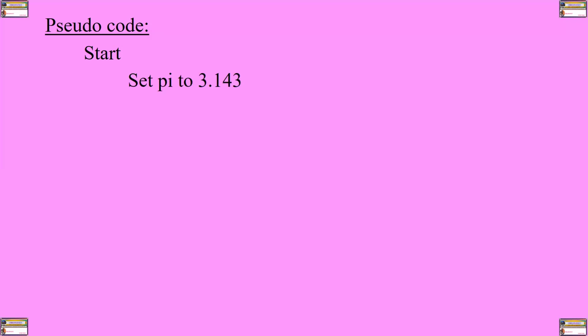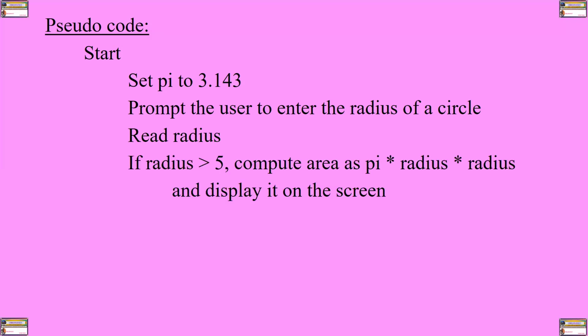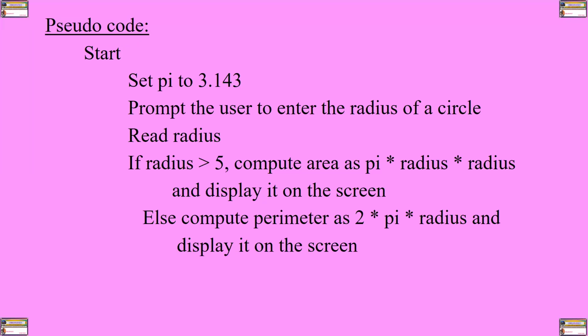So the pseudocode for this program is as follows. Start, then set pi to 3.143, then prompt the user to enter the radius of a circle, read the radius, then check. If the value in memory location called radius is more than 5, compute area as pi times radius squared, and display it on the screen.